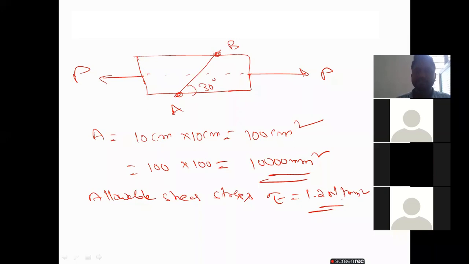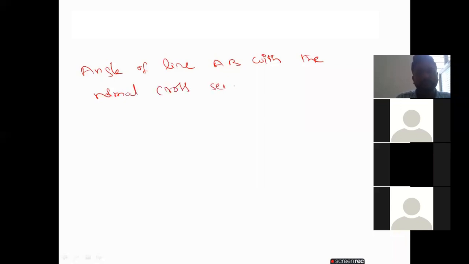The allowable shear stress is already given as sigma T, and through the plane they gave 30 degrees. We need the angle of line AB with the normal cross section, that is theta equals 90 minus 30 degrees, which gives 60 degrees. So this is the given data.